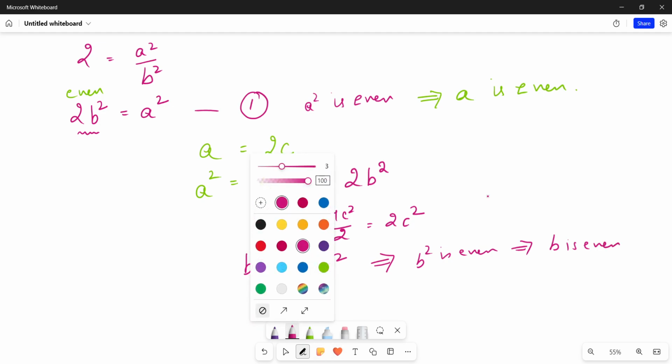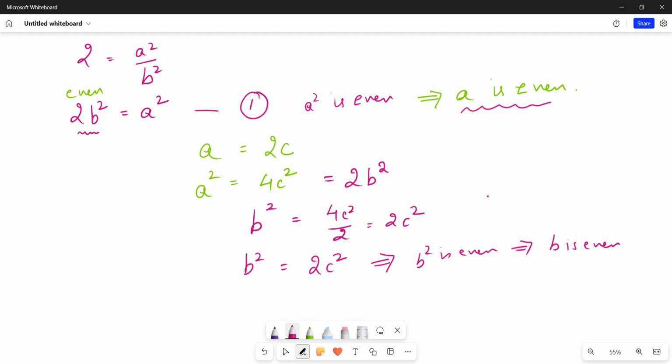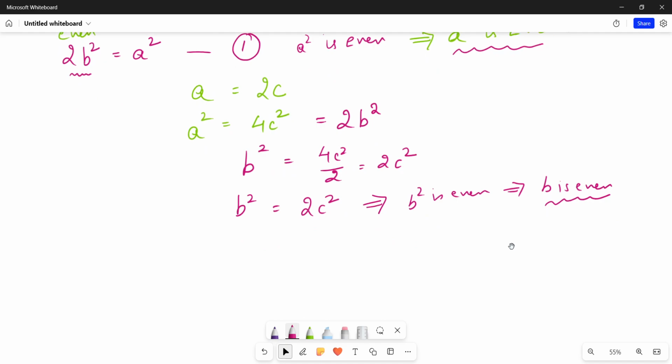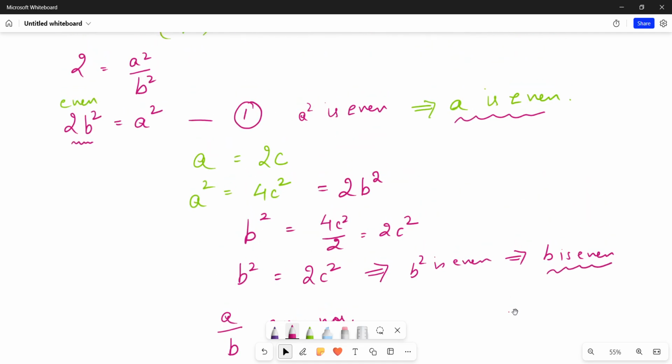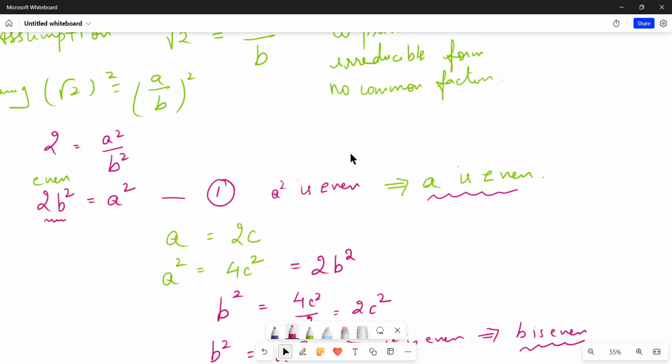It says that a is even and b is even, which means that a by b has at least one common factor, which is 2, because both are even numbers. So our basic assumption that a by b is irreducible, that it has no common factors, is proven to be wrong. So there is a contradiction.